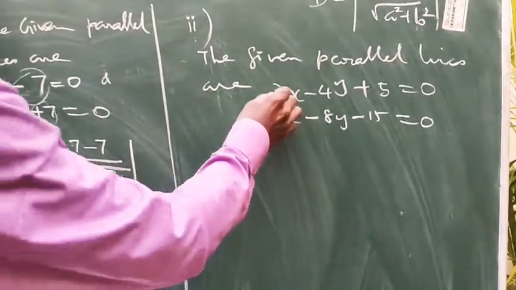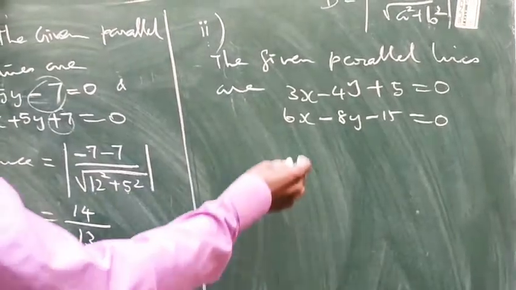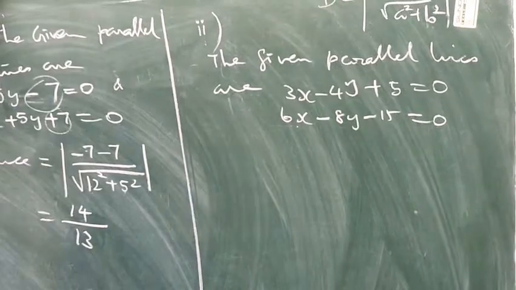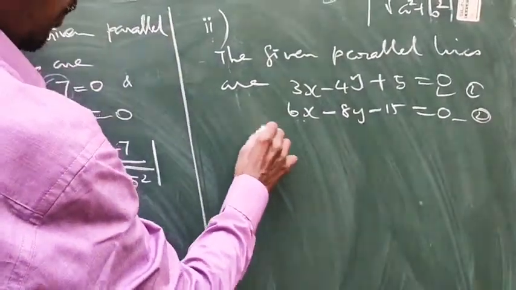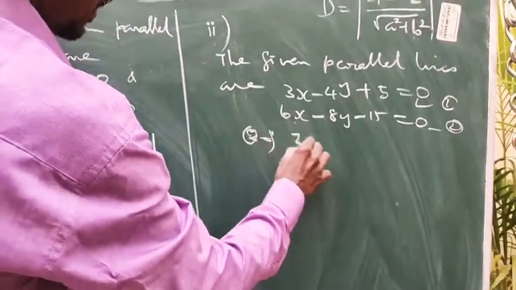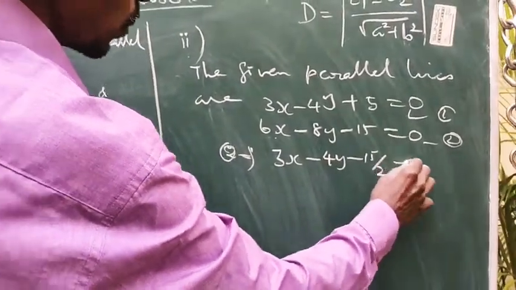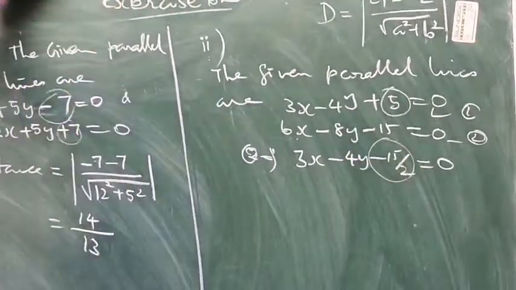Either you can multiply the first equation by 2, or divide the second equation by 2. Dividing by 2, we get 3x - 4y - 15/2 = 0. So take 5 as C1 and this as C2.